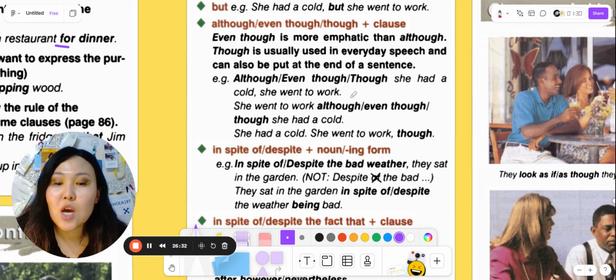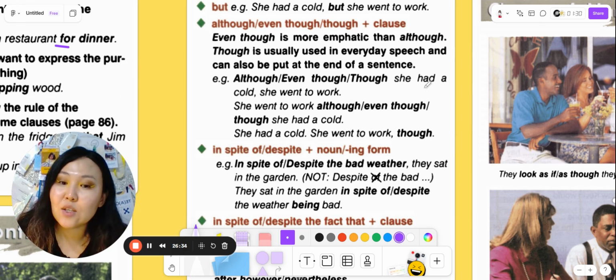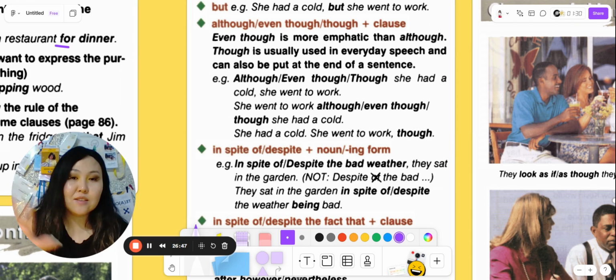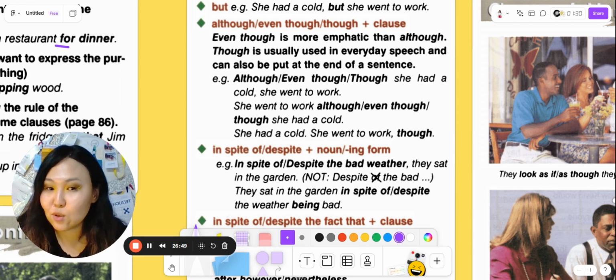Examples: Although she had a cold, she went to work. Even though she had a cold, she went to work. Though she had a cold, she went to work. Like she's so devoted to her work, to her job.